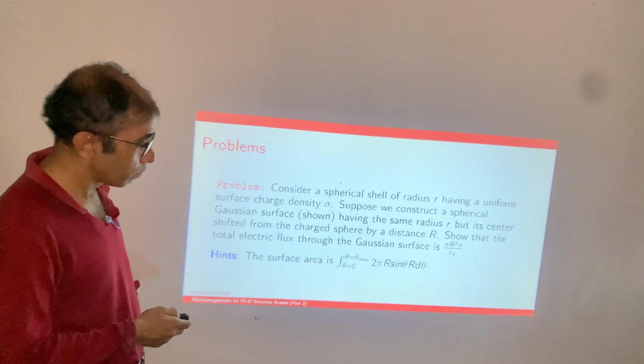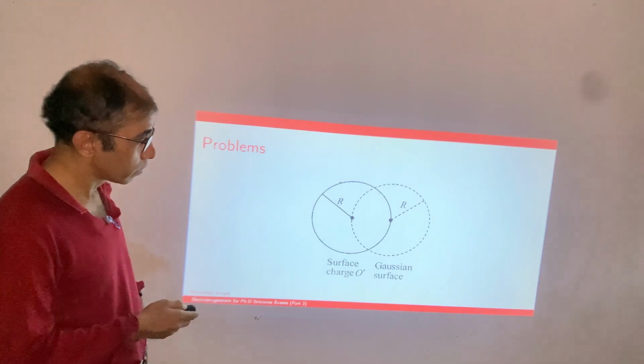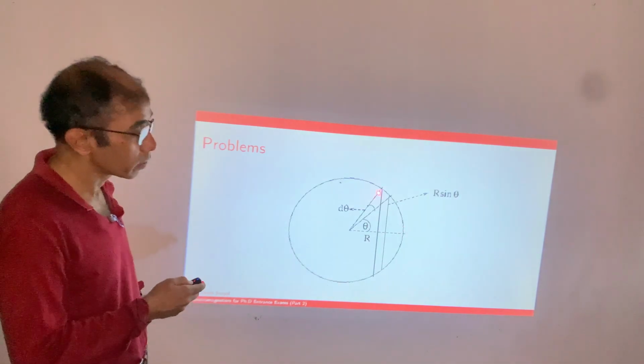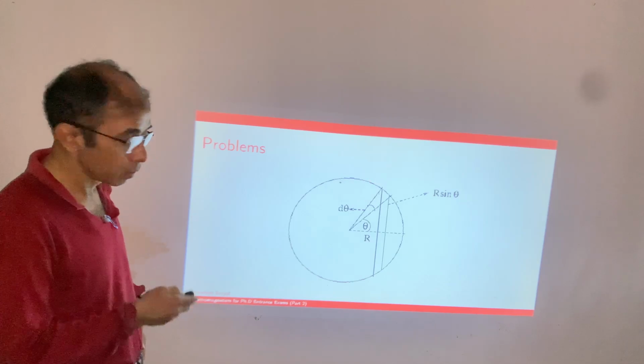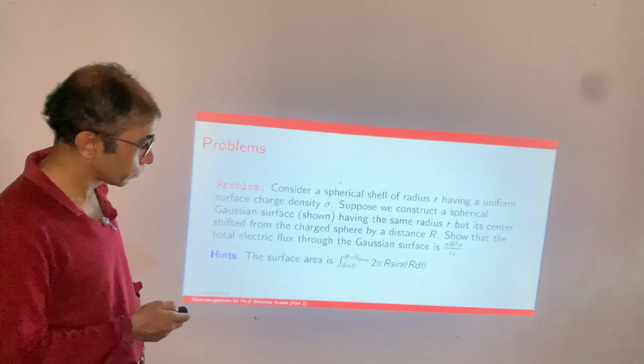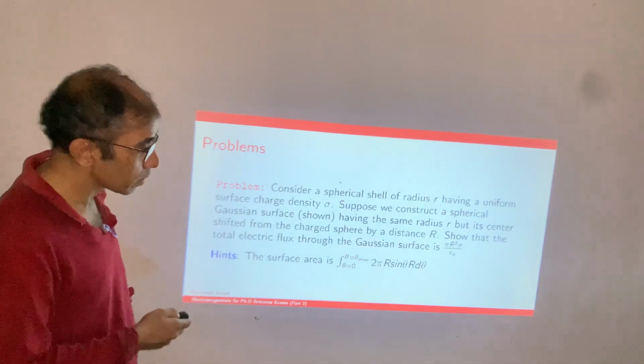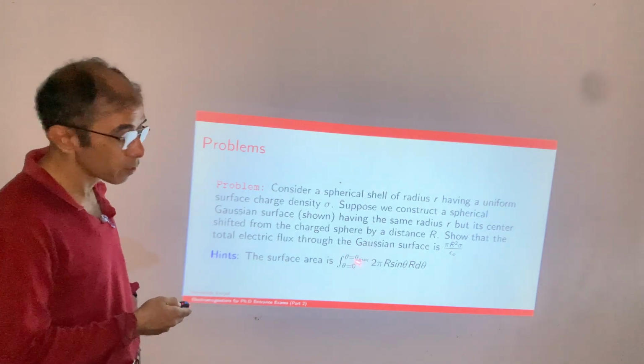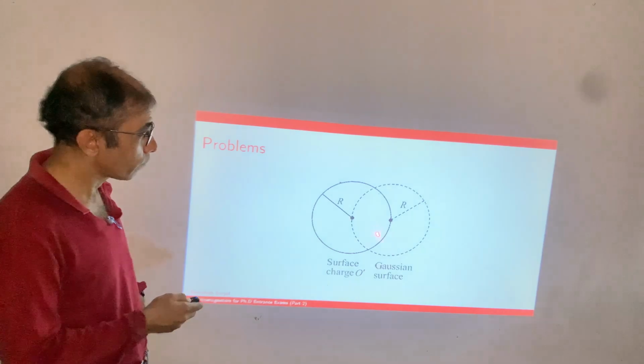Theta will vary from theta equal to 0 to theta max. And what is the theta max? Convince yourself that theta max is 60 degrees. You can find that from here.